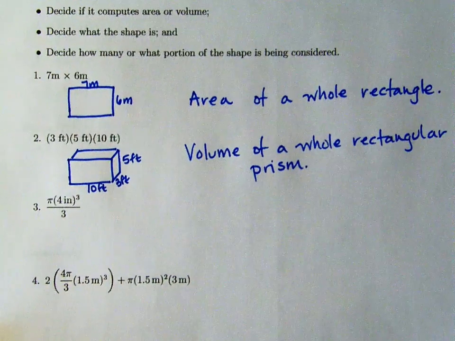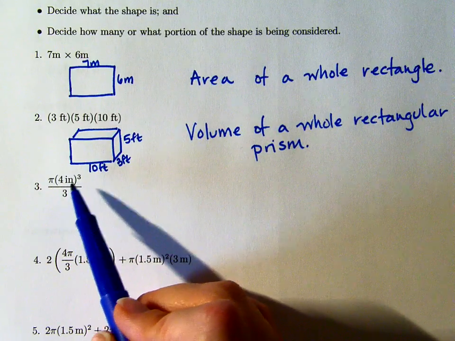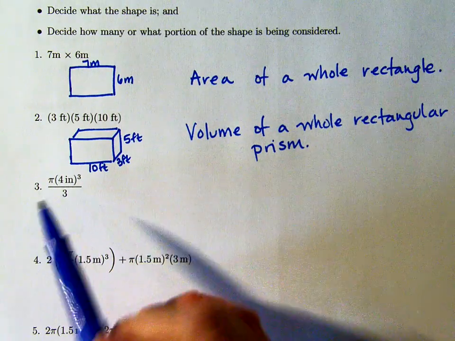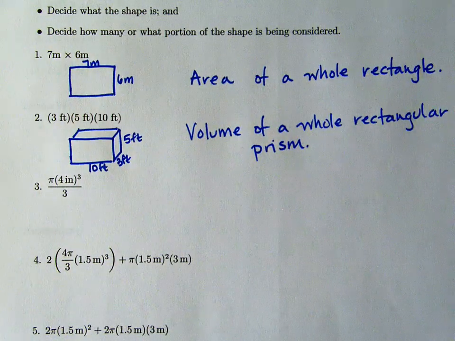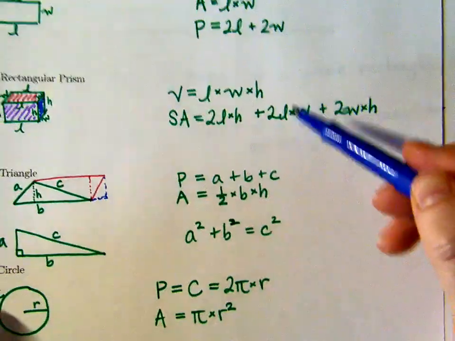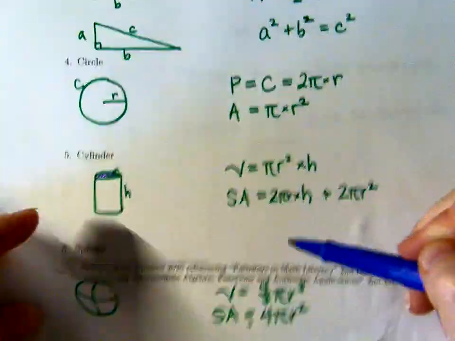All right, let's see. Ooh, pi and then something cubed divided by 3. Okay, it's got a pi in it, so I'm going to start there. No pi, no pi, no pi, pi, pi, and pi.